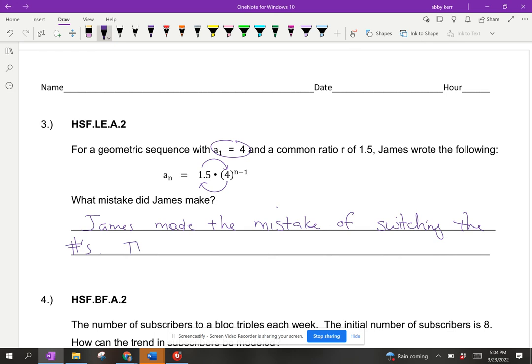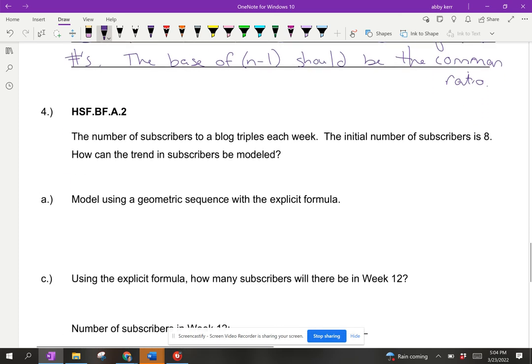So you can say the base of n minus 1 should be the common ratio, which in this case is 1.5.